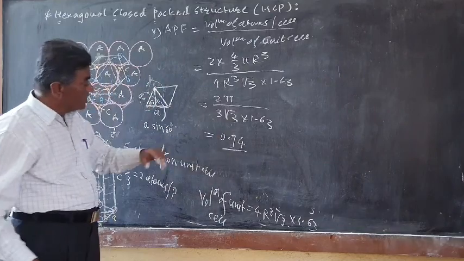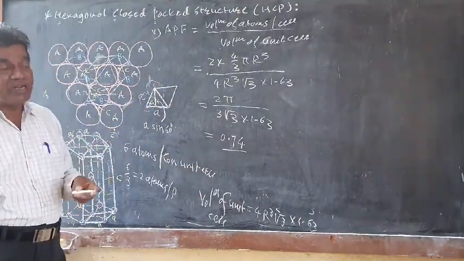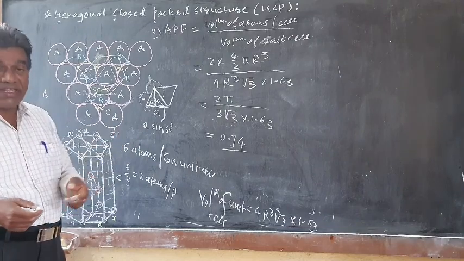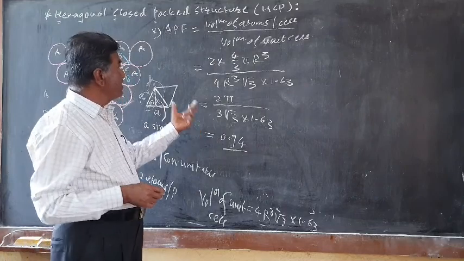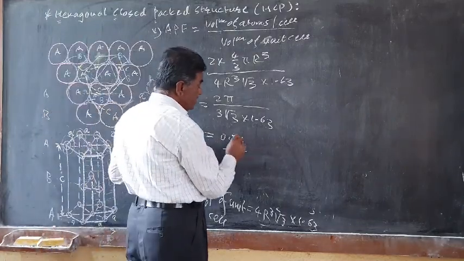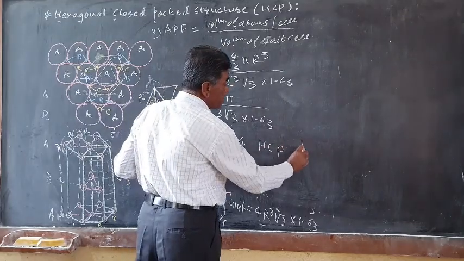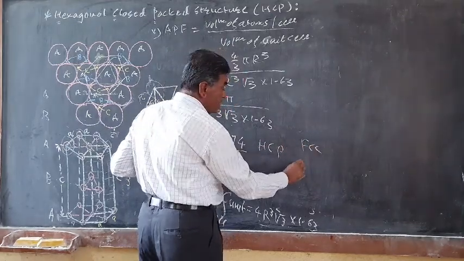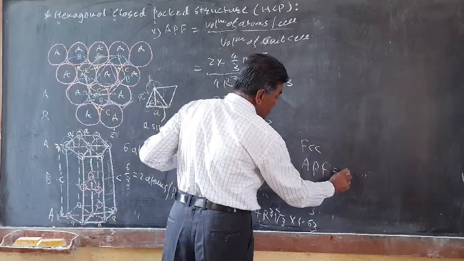It means 74% of the space is occupied by the atoms in the unit cell, while the remaining 0.26 is empty. So we have determined the atomic packing factor of the HCP. In the case of the FCC also, we have determined the atomic packing factor, and it is found to be equal to 0.74.